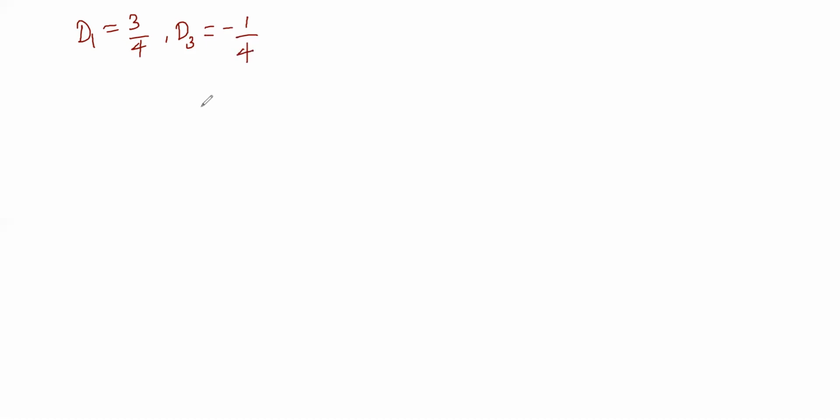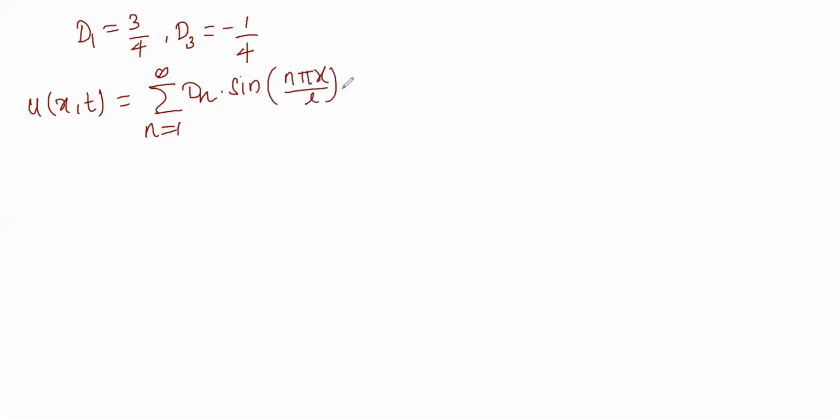Now let me write down the solution. The solution is given by u(x,t) equal to summation n equal to 1 to infinity dn sine n pi x upon L into cos n pi c upon L into t. Now we know that L is 2 and c is 1.